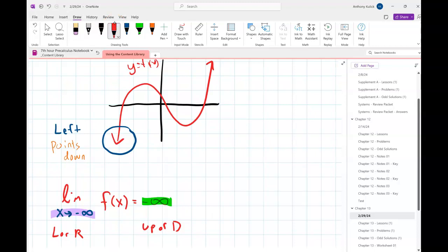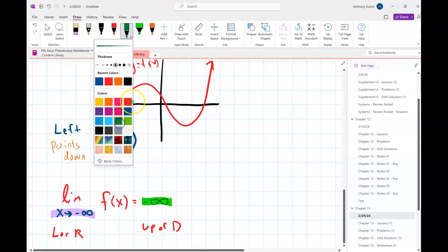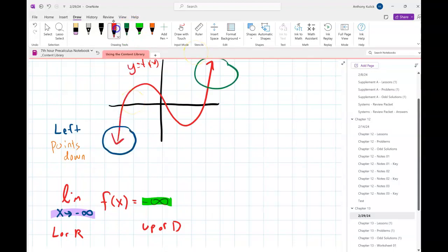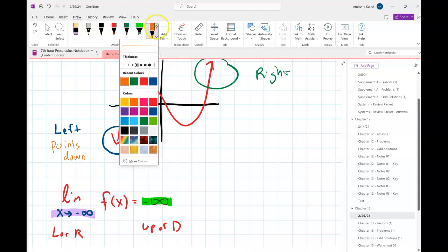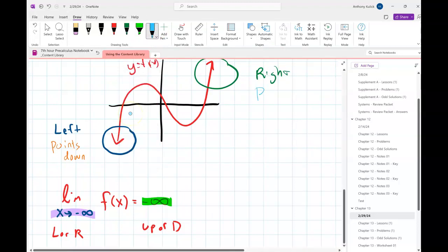Everybody's okay there? So if I want to talk about this end behavior, this is the right end of my graph. And this one is pointing up, right?